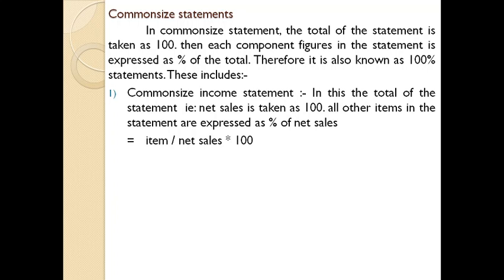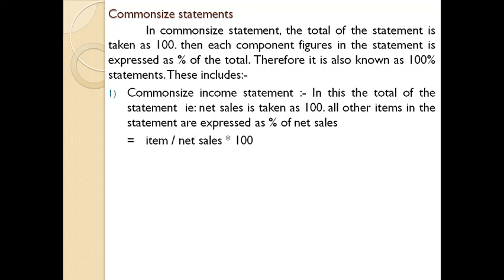For example, in a common size income statement, there will be items from net sales to finally profits. In between these two items, there will be cost of goods sold, gross profit, operating expenses, under which different items will be there, non-operating expenses, non-operating incomes, like that. For finding the percentage, you need to identify the percentage of each individual item in a common size income statement, and the percentage can be found by using the equation item divided by net sales into 100.